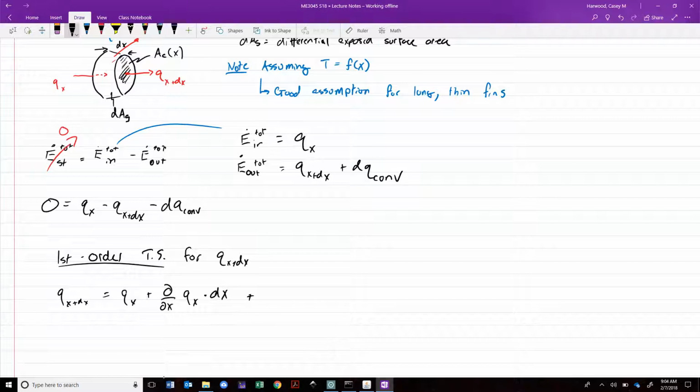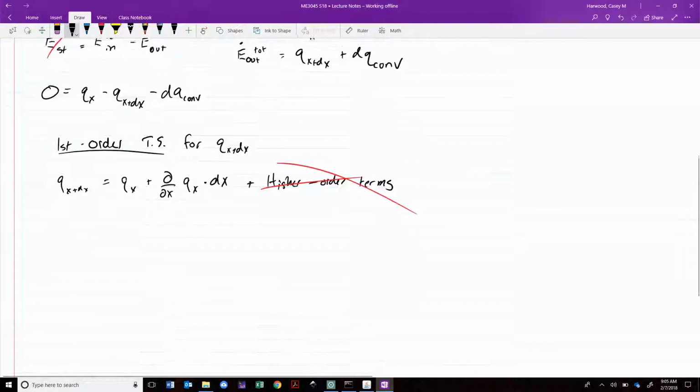And then, if we wanted to take it to something other than first order, we would add higher order terms, but we don't want to do that, so we'll leave those off.